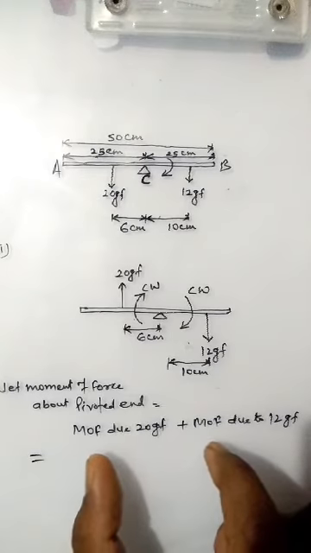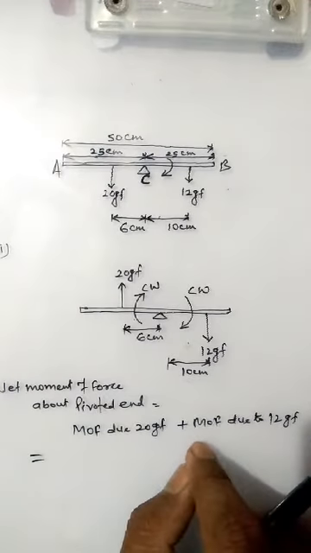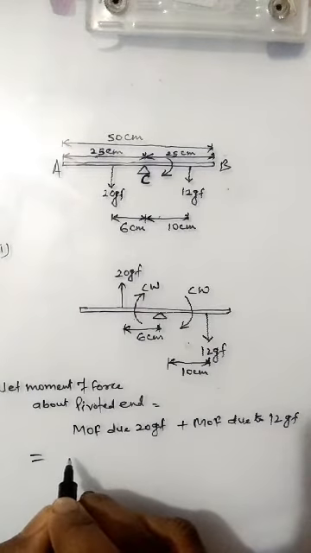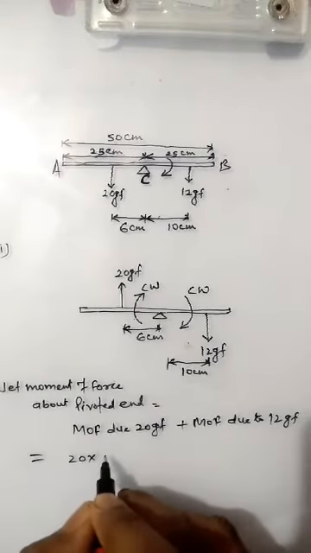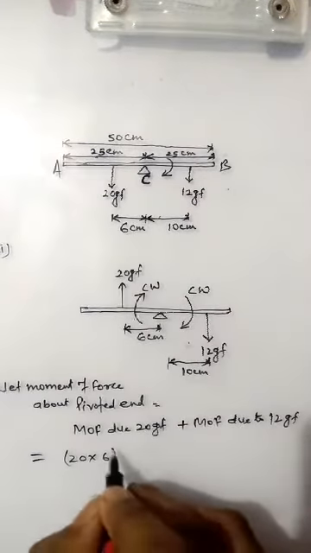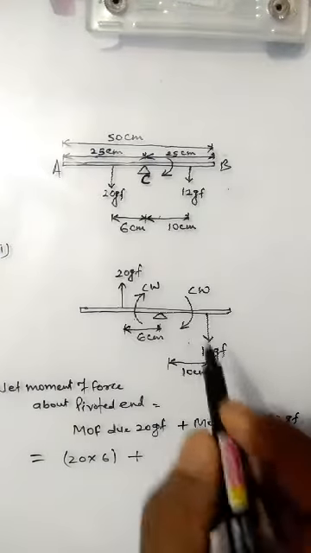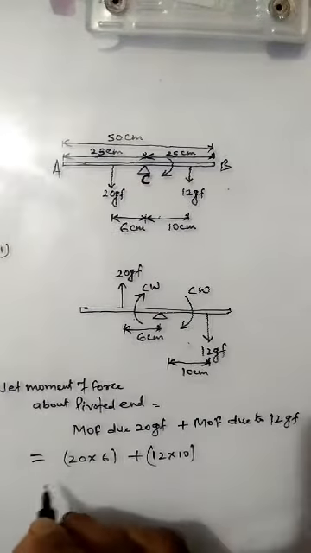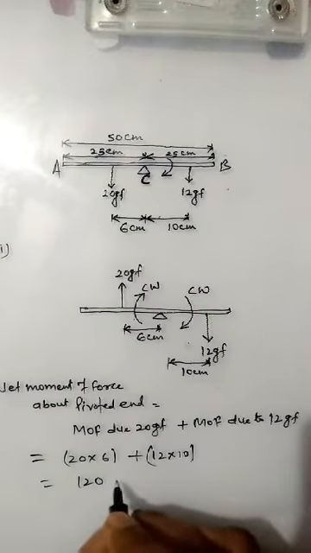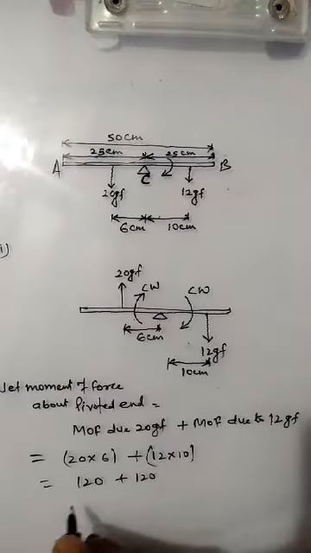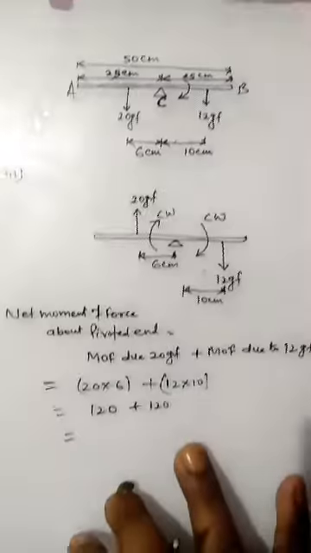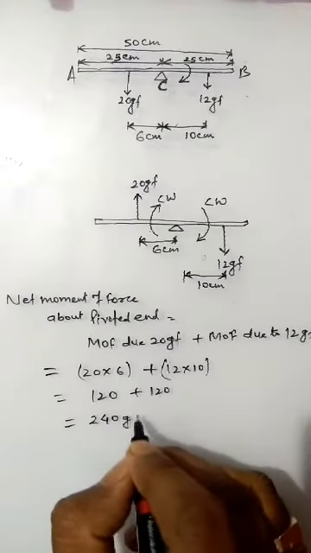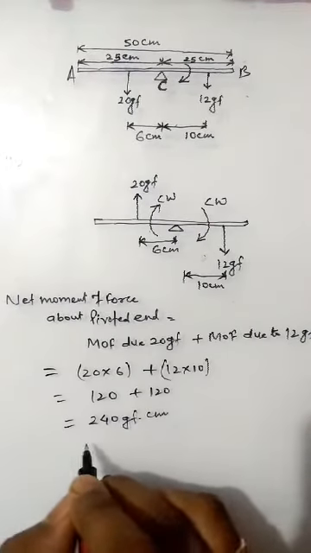Therefore, the moment of force by these two forces can be added up: 20 into 6 plus moment of force due to 12 GF, 12 into 10, 120 plus 120 equal to 240 GF centimeter.